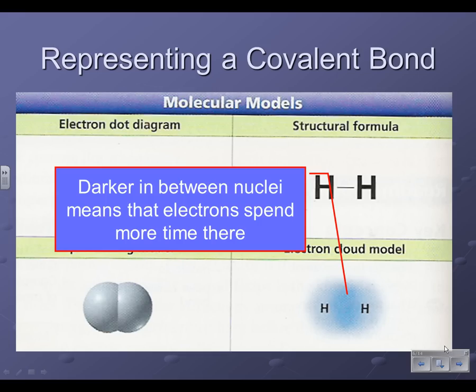Darker area, more electron density, a higher probability of finding electrons, because if they're being shared between two atoms, generally they're going to be in the space between them.